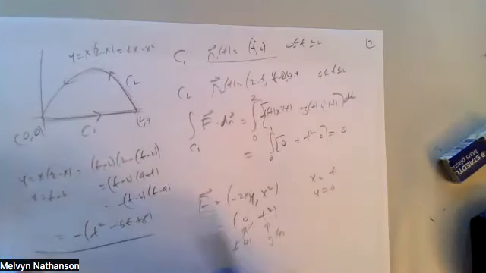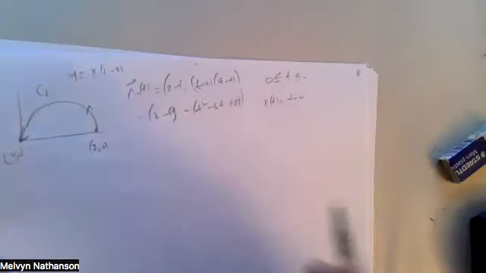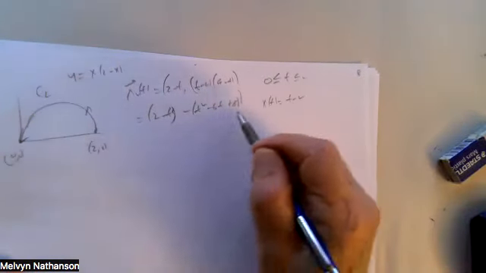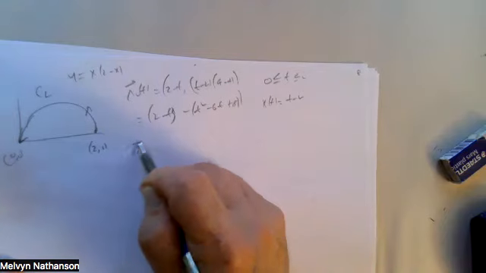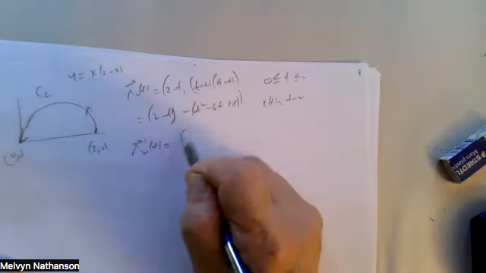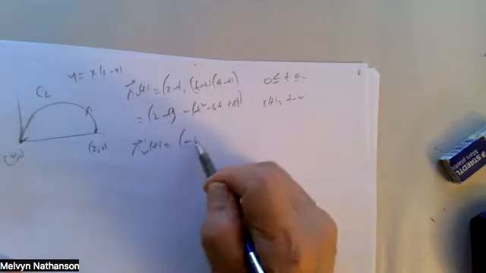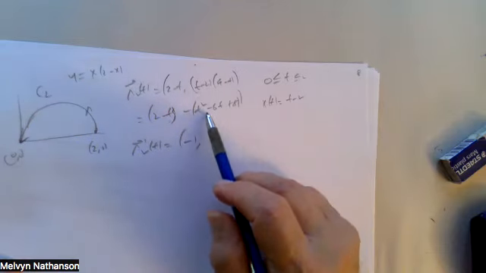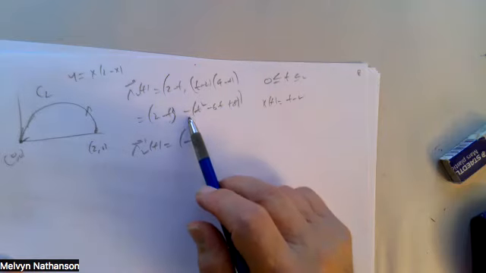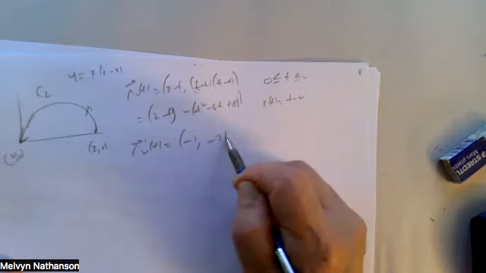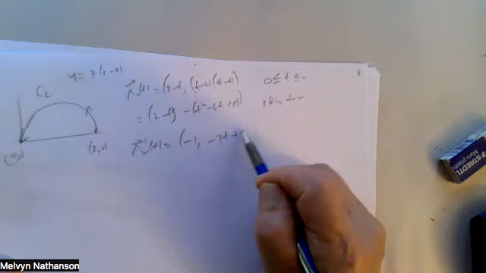T squared minus 6t plus 8. So for r2 of t, r2 prime of t, let me differentiate this, the derivative of 2 minus t is minus 1. The derivative of this is minus 2t plus 6.